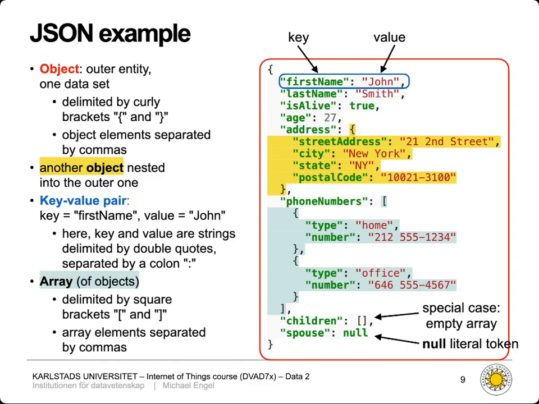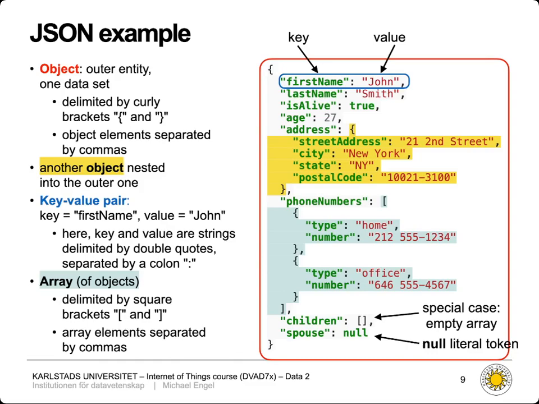And the final thing we see, with the light blue background, is that we can also have arrays. That's what you see attached to the phone numbers key as value. These use square brackets, and these square brackets, like arrays in C or Java, just denote the limits of our array. Inside of that array, we can have several elements, again separated by commas.